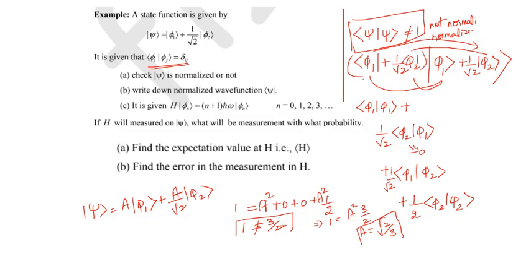Your normalized wave function will be psi equals root of 2 by 3 into phi 1 plus root of 2 by 3 divided by root 2, which is 1 by root 3 into phi 2. This is the normalized wave function.